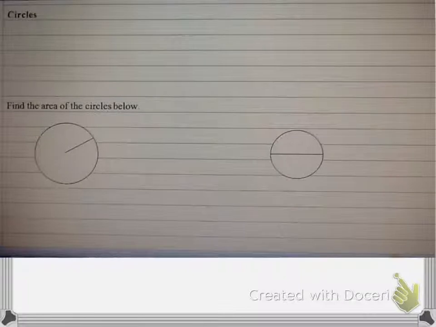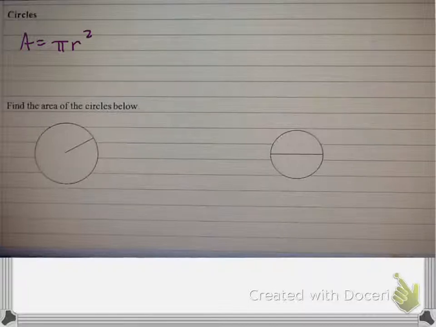Alright, last one. Circles. The area of a circle is pi r squared. So really the only trick to this is make sure you're using the radius and not the diameter. And sometimes they might ask you to leave it in terms of pi, and I'll go over that in the example.